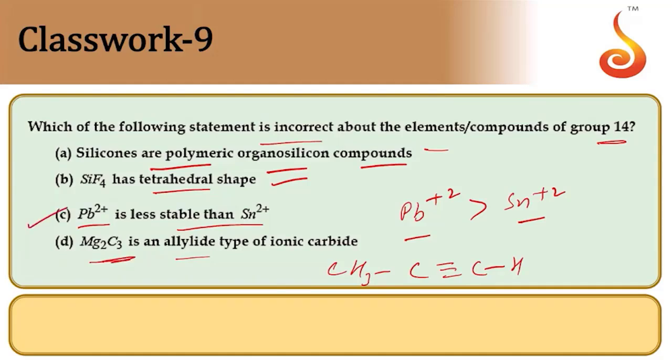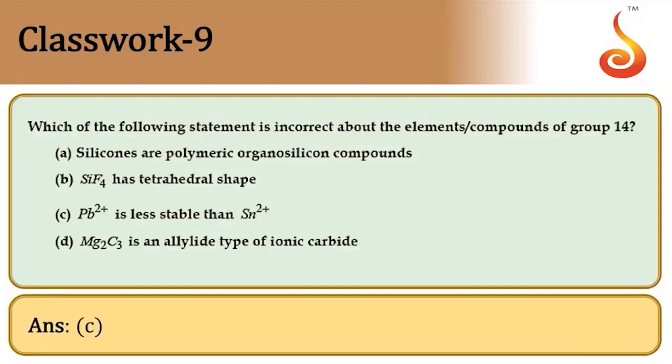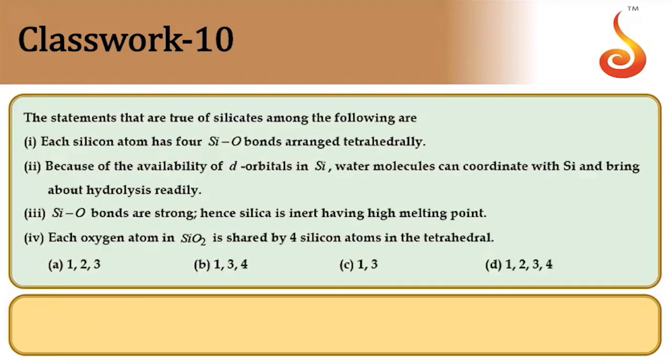That is, Pb plus 2 is more stable than Sn plus 2 because of the inert pair effect. Then the option is C. Then the statements that are true of silicates among the following. Each silicon atom has four SiO bonds surrounded tetrahedrally.